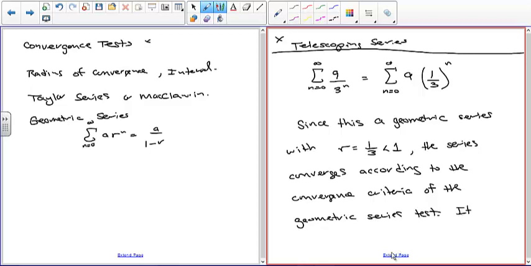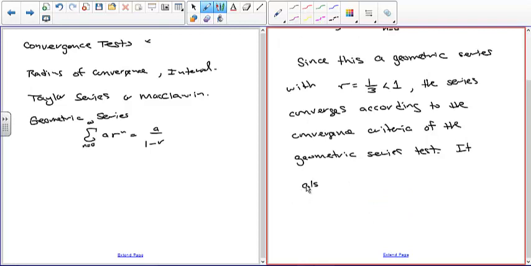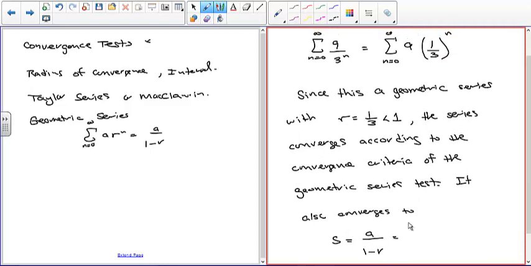It also converges to S, which is the sum equals a divided by 1 minus r. And then you would look up and find that a is 9 and r is 1/3. So that would be 9 divided by 2/3. If you take the reciprocal at the denominator, it's multiplying by 3/2, so you'd have 27 halves.